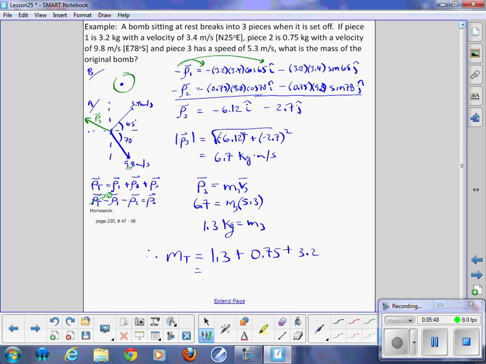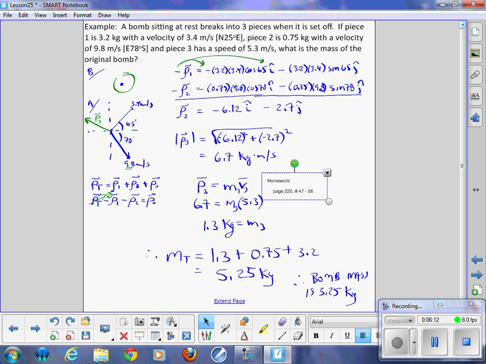When we add those three up, we get a total of 5.25 kilograms approximately. So therefore, bomb mass is 5.25 kgs. There we go. So you can see how vectors play an important role in momentum when we get into the two-dimensional stuff.